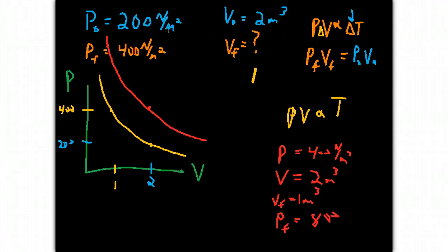Conversely, we could do something where we have 200 and an initial volume of 1. So our pressure and our volume 200, 1. And so if we have that, we're going to have an isotherm that will be at half of a meter cubed when it's at 400, and it'll be at 100 newtons per meter squared when it's expanded out to 2.